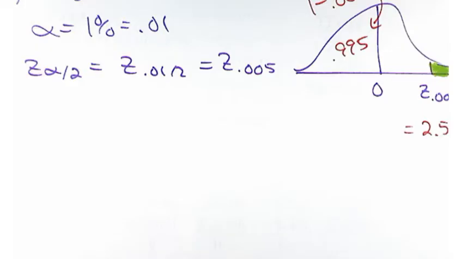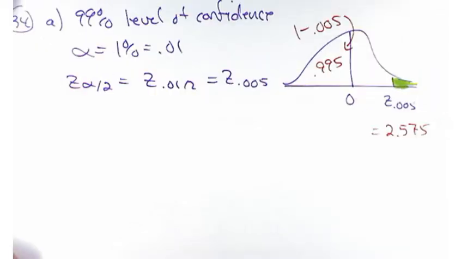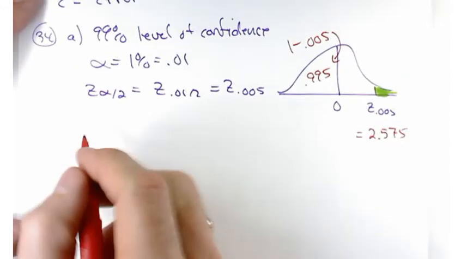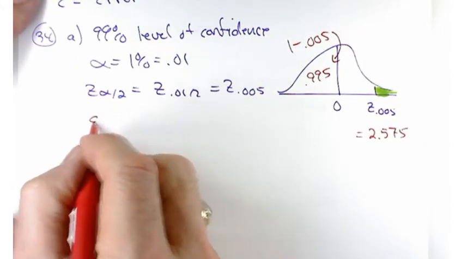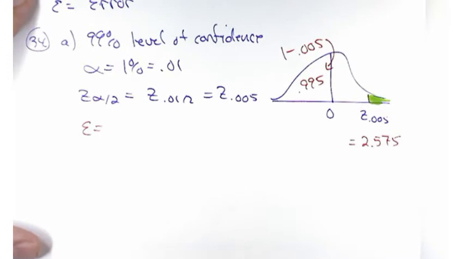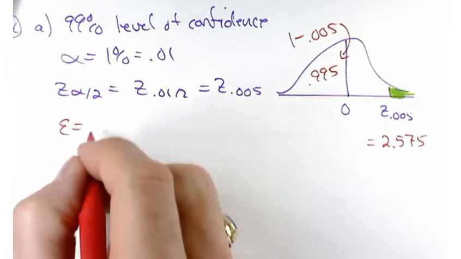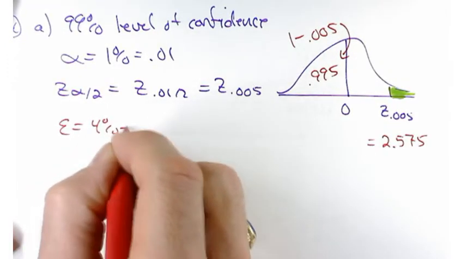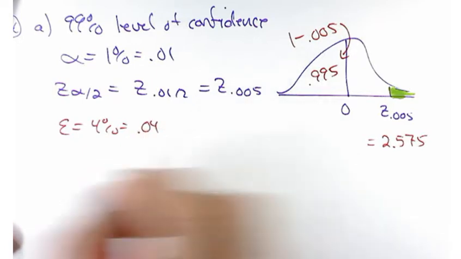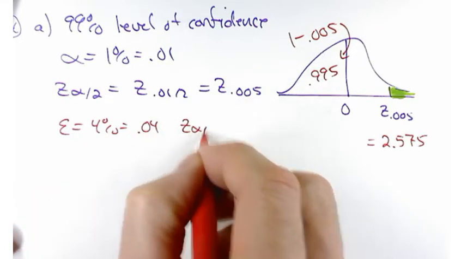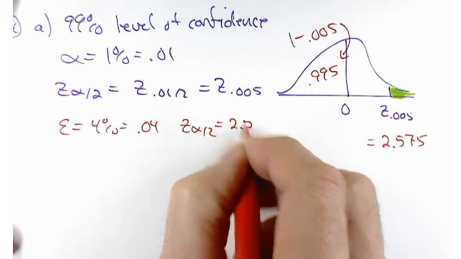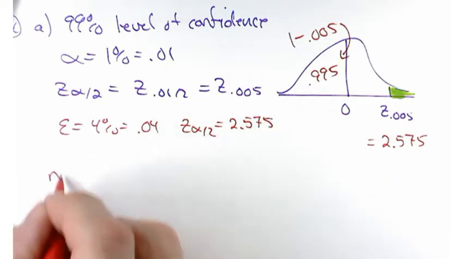Good. And I think that gives us pretty much all that we're going to need to know. So for part A and B here, really, our error is going to be 4%, or 0.04. We know what z is. Z sub alpha over 2 for us in this particular case is 2.575. So let's find n.